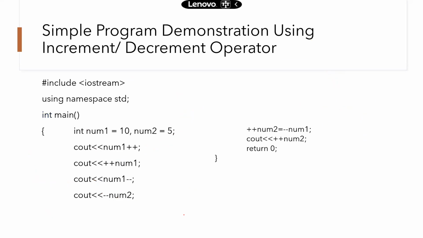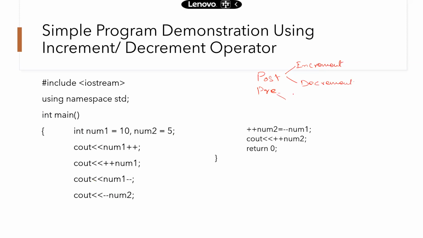Compiler. This is another program for the increment and decrement. Now that we had discussed increment and decrement, I had discussed two different things: post and pre. Within the post, I had post increment and post decrement.